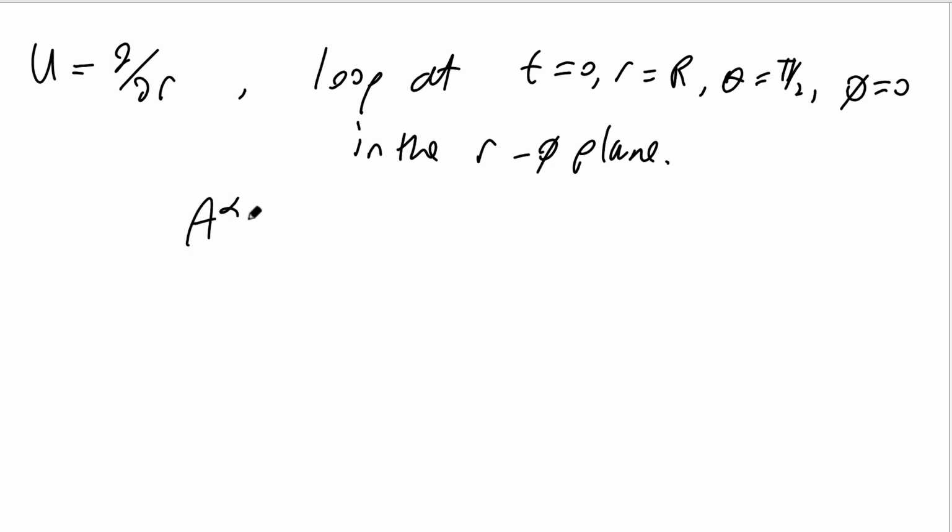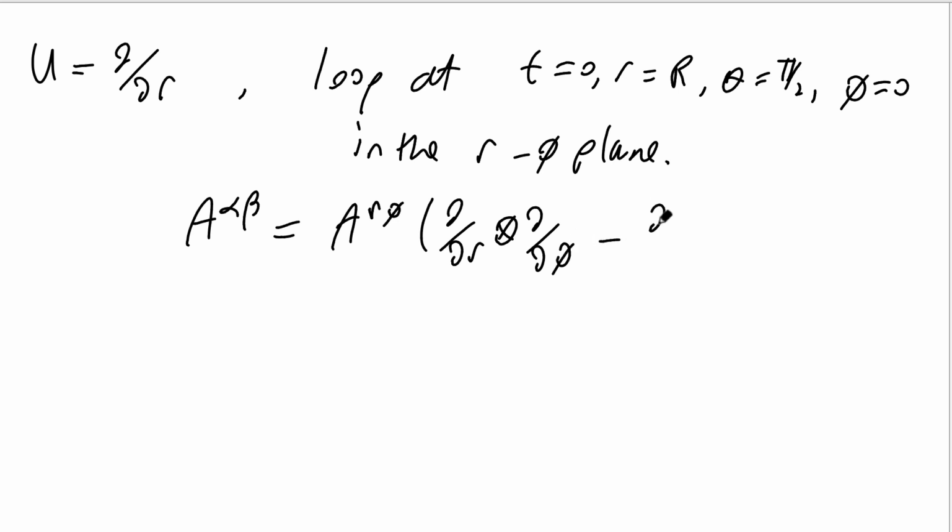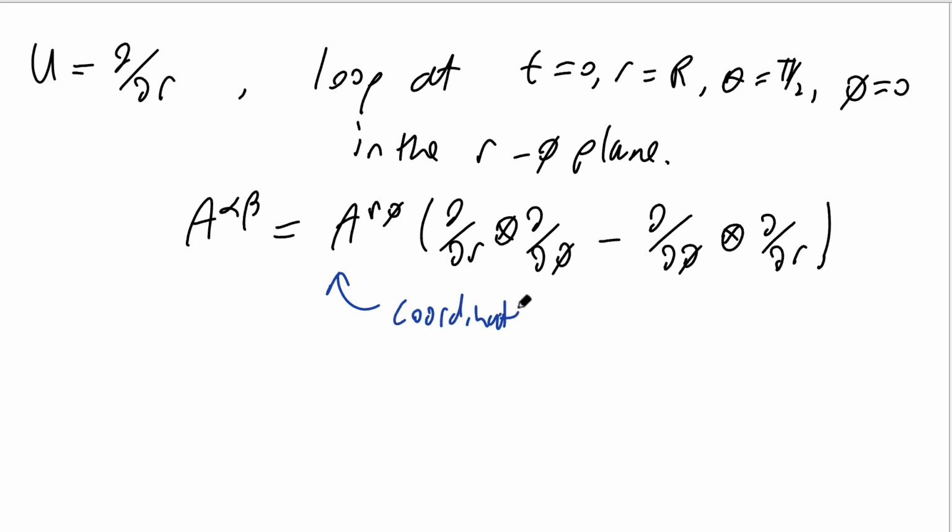So our tensor A^{αβ} is just A^{rφ} times ∂/∂r tensor product with ∂/∂φ minus ∂/∂φ tensor product with ∂/∂r. And this component A^{rφ} is the coordinate area of the loop. And it should be infinitesimal.